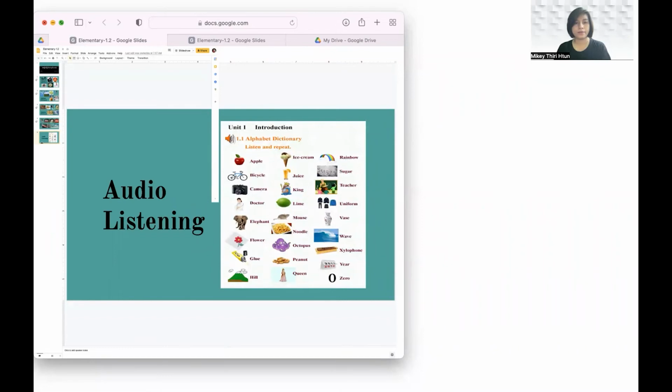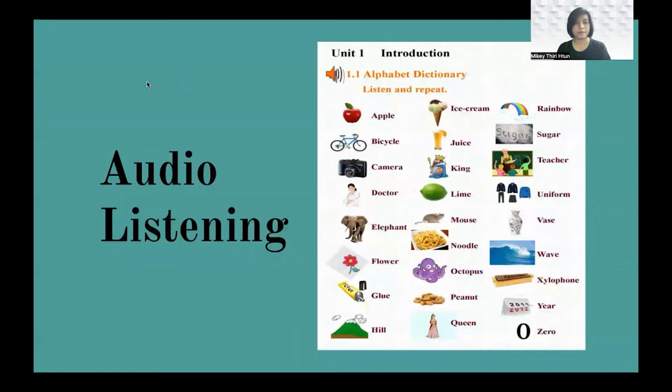Unit 1, Introduction. 1.1 Alphabet Dictionary. Listen and repeat.